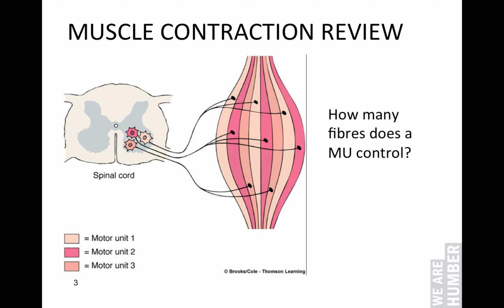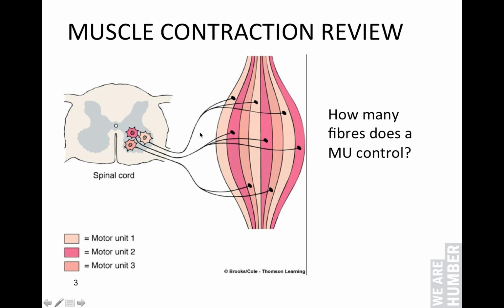When we have muscles that are used for gross movement, gross motor control, say your quad muscles, then one motor unit might control many hundreds of muscle fibers. Remember that it is an on or an off situation. This is a single motor unit, and it innervates these muscle fibers, so they're all on or they're all off.